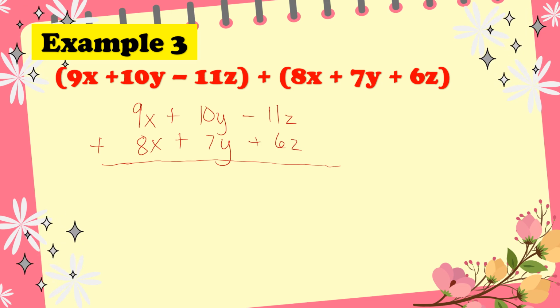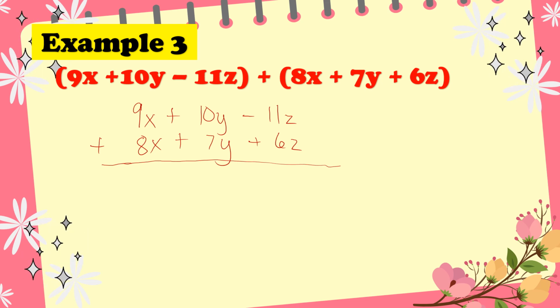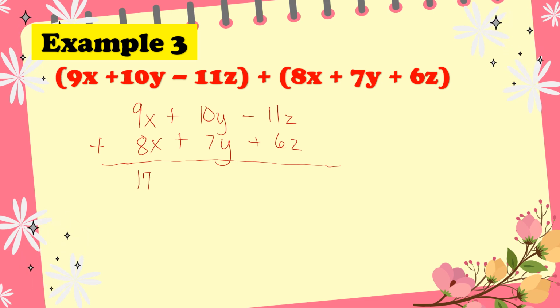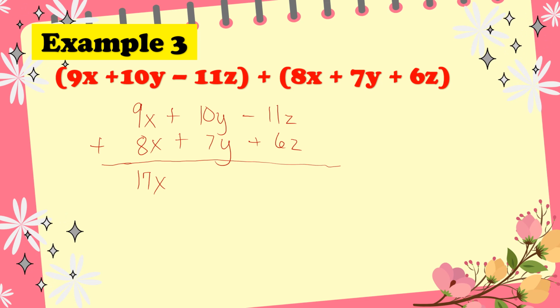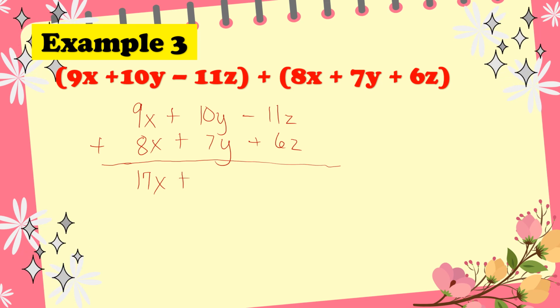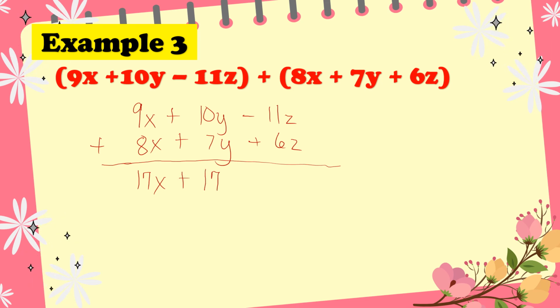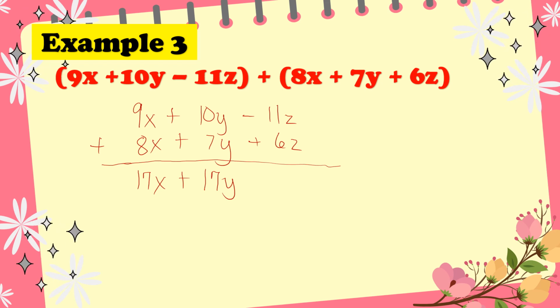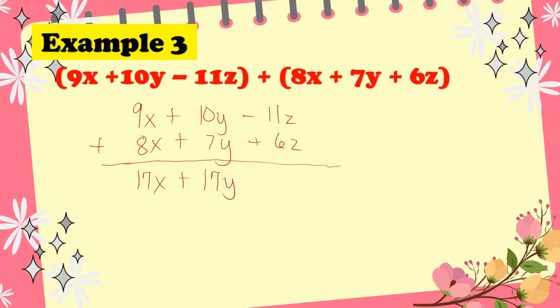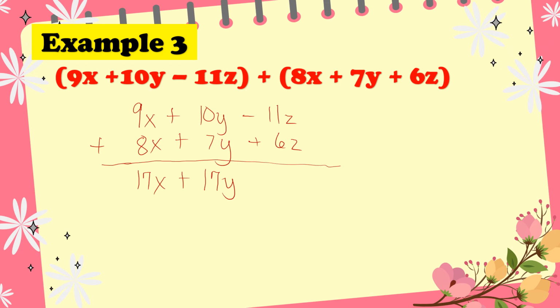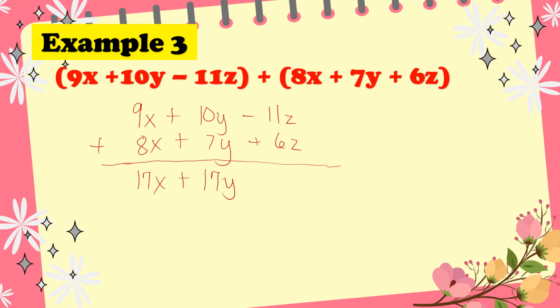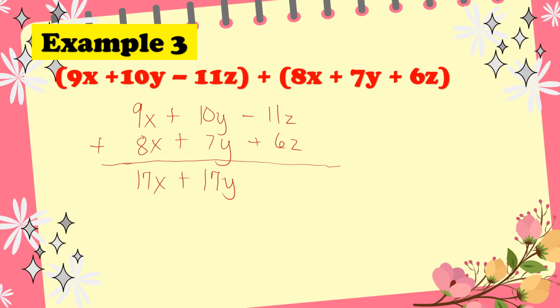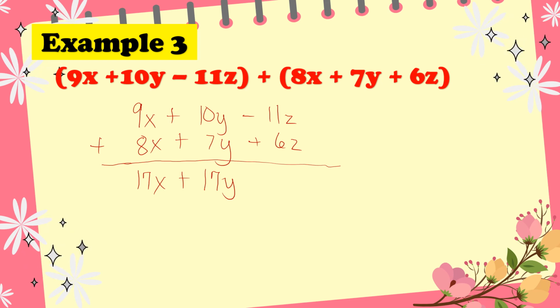So, pwede tayong mag-add. 9x plus 8x is equivalent to 17x. 10y plus 7y is equivalent to 17y. And negative 11z plus positive 6z, magkaiba sila ng sign, so mag-subtract kayo. So, 11 minus 6, you will have 5.